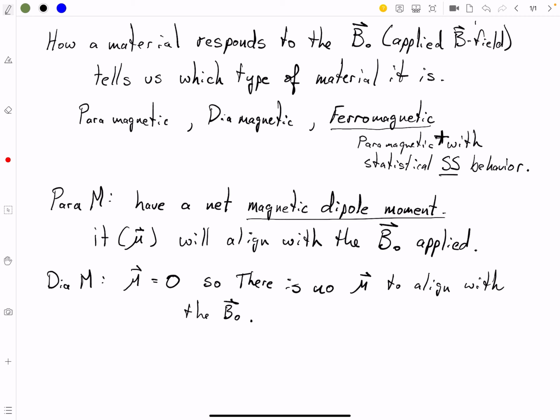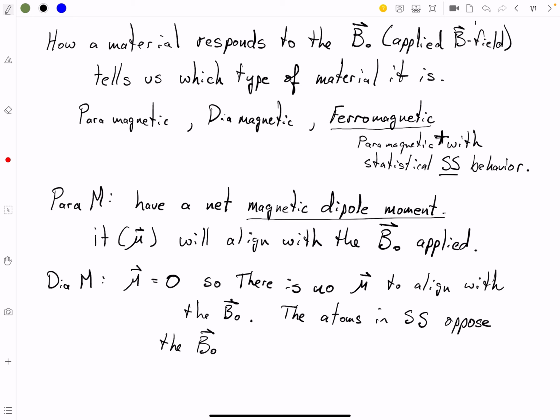The atoms themselves fight against or oppose. So the atoms in structure, in crystalline structure, in solid state, oppose the B naught. Okay, so we'll talk more about this in a second.